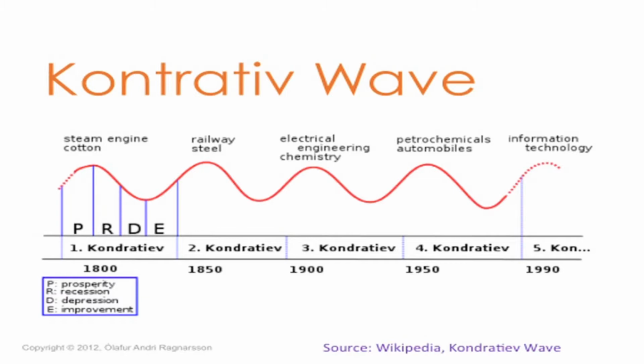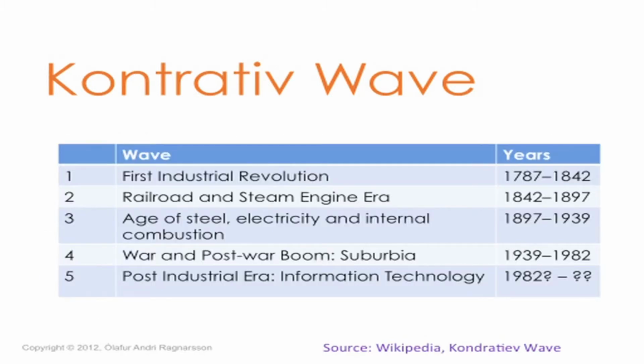That was his theory, and he has these big points here. The first industrial revolution is the contractive wave number 1, 1787 to 1842. Then the railroad came. After the industrial revolution, the railroad became possible and actually needed.